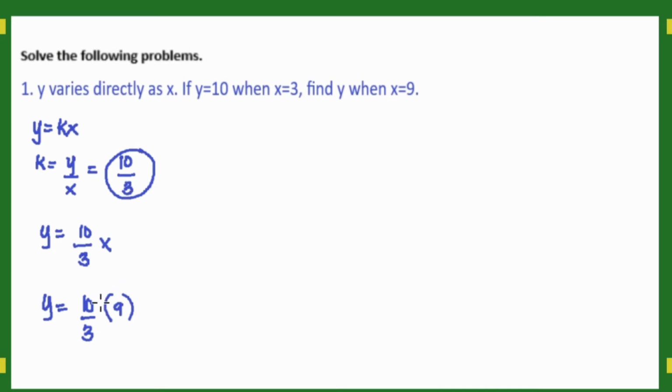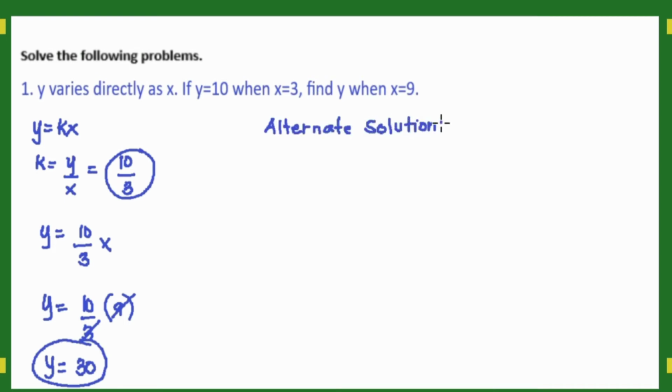Pwede nyo gawing 10 times 9 tapos divided by 3. 10 times 9 is 90, divided by 3 is 30. Or pwede rin, divide nyo na muna, 9 divided by 3 is equal to 3. 3 times 10 is 30. So, the value of y is 30.